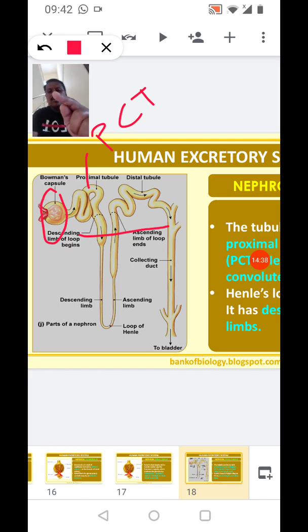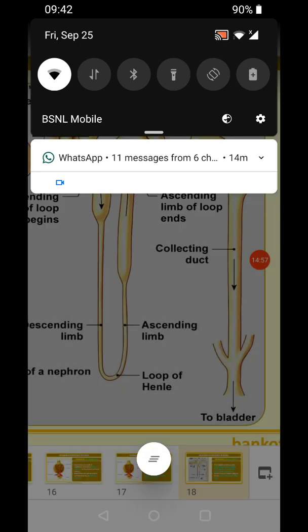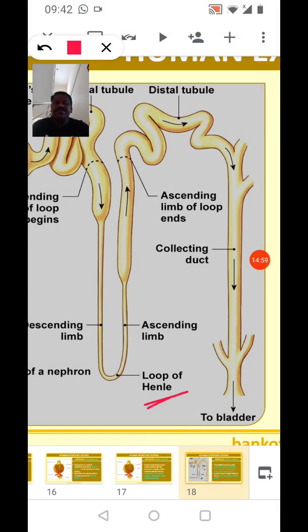Then a U-shaped or hairpin-like structure is there, which is known as Henle's loop, otherwise the loop of Henle. Here you can see, this is the loop of Henle, and this remaining portion is known as the DCT. DCT, what does that mean? Distal convoluted tubule. Convoluted means folded.